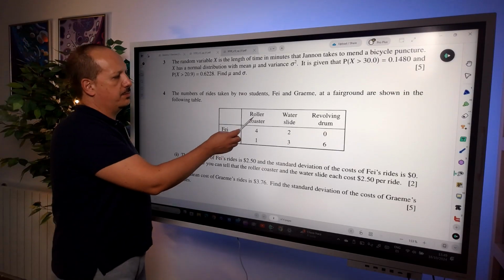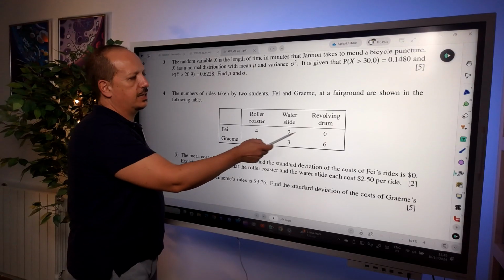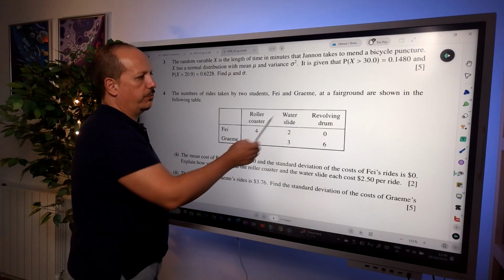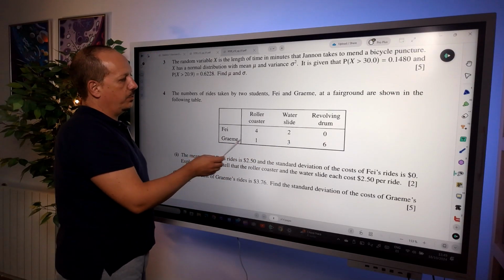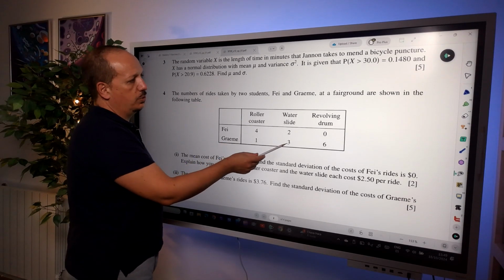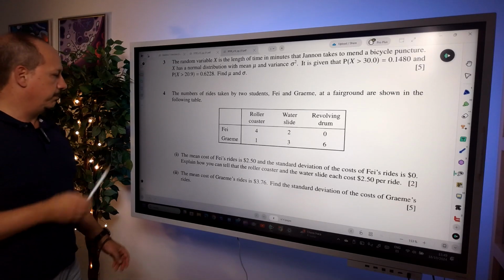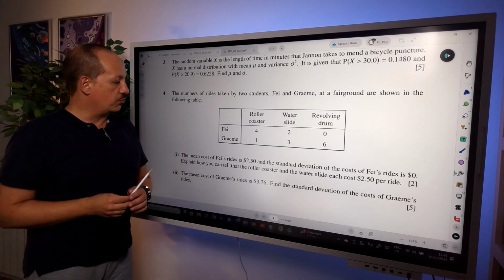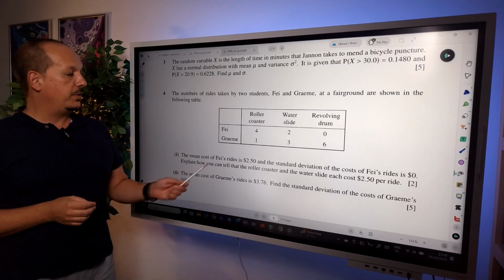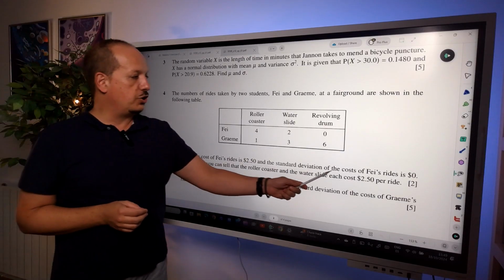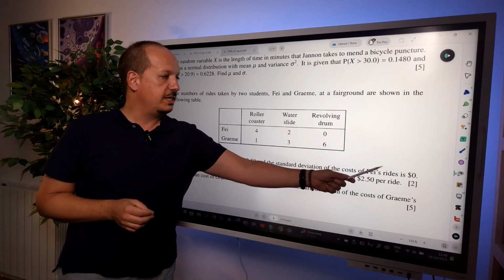So Faye went 4 times in a roller coaster, 2 times in a water slide, and he didn't go at all to the revolving drum. And Graham went 1 time in the roller coaster, 2 times in water slide, and went 6 times to the revolving drum. The mean cost of Faye's rides is $2.50, and the standard deviation of the costs of Faye's rides is $0.